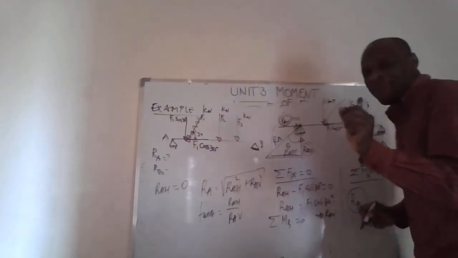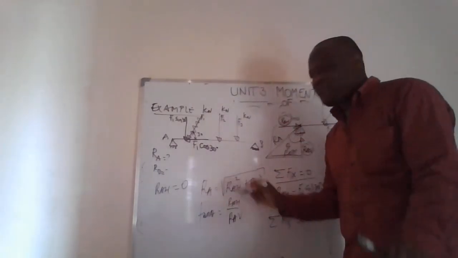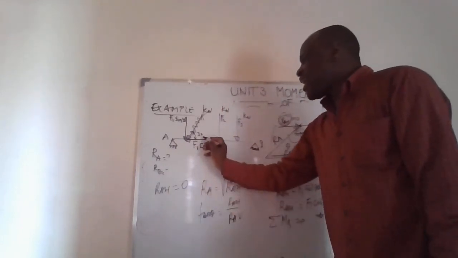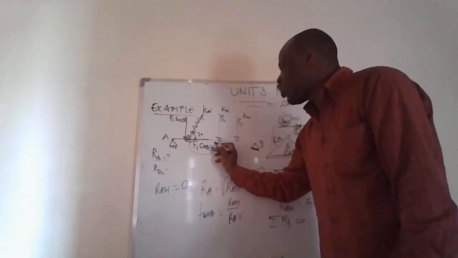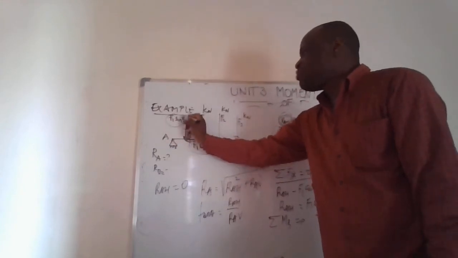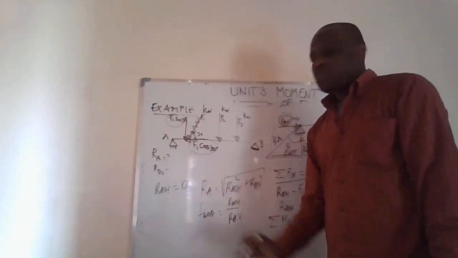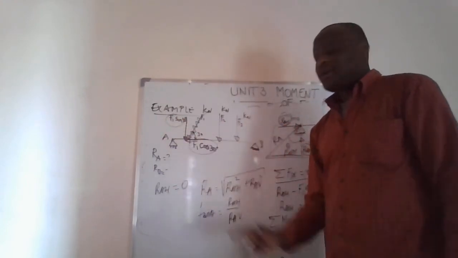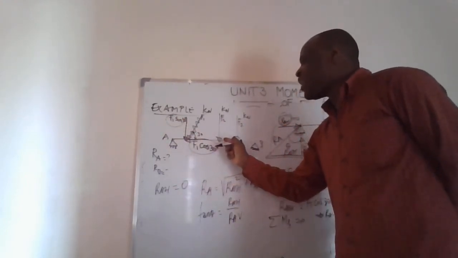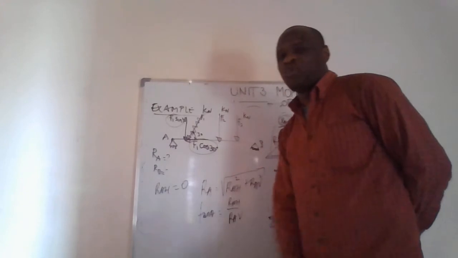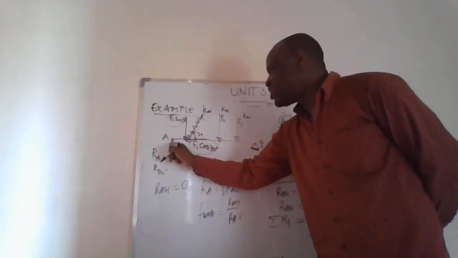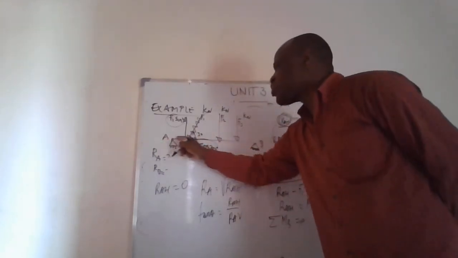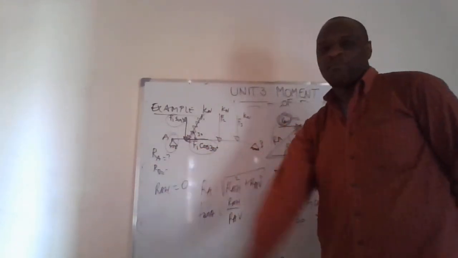Then we need to remember every time we have an inclined force applied on the beam, that inclined force needs to be represented in terms of its components. It has to be decomposed. You need to put the horizontal component and the vertical component. This horizontal component will have an action on the pin support, and that action will trigger the value of the horizontal component on the pin support.